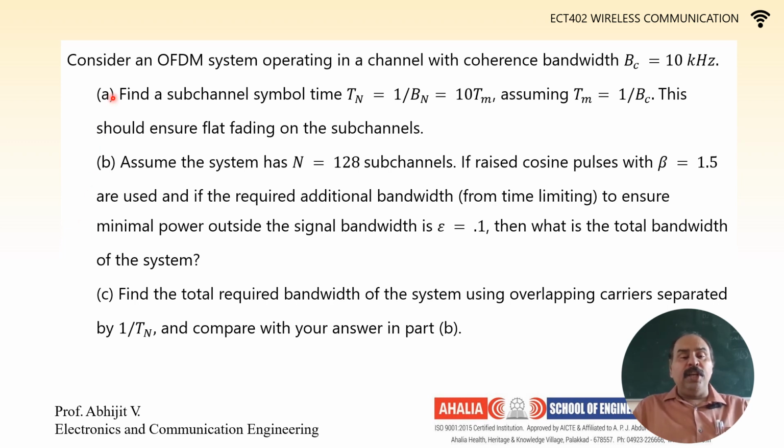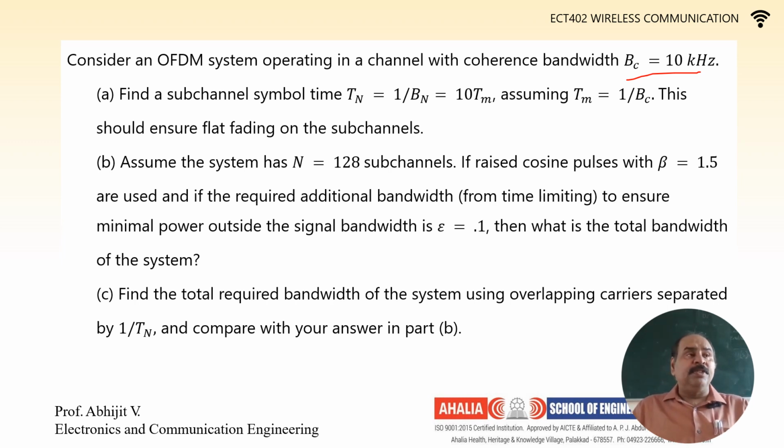Consider an OFDM system. In detail, what an OFDM system is we'll be seeing in the coming slides. But now let us consider an OFDM system operating in a channel with coherence bandwidth Bc, which is given as 10 kilohertz.